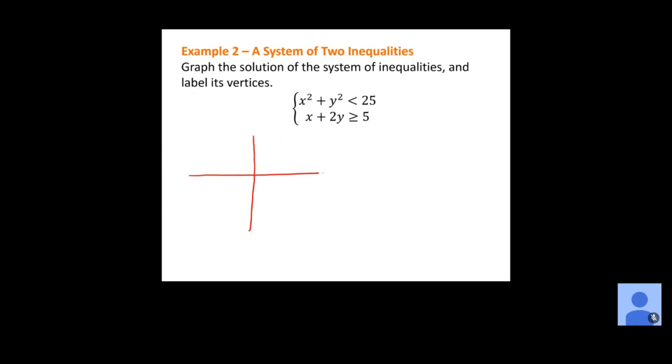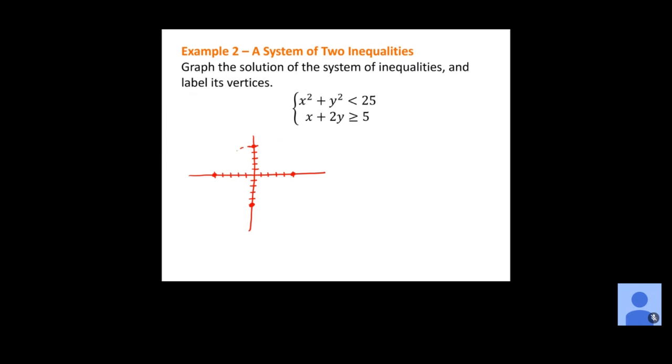based off the previous example, I'm going to go ahead and graph my circle first. So we'll go 1, 2, 3, 4, 5 in all directions. So I have these points here. Like we said before, because this one is strictly less than, we know it's going to be dashed.